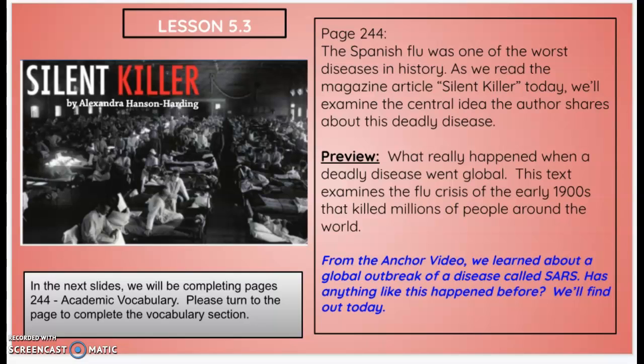As we read the magazine article Silent Killer right now, we'll examine the central idea or the main idea the author shares about this deadly disease. And so when we look at it, what really happened when this deadly disease went global? The text or this article will examine the flu crisis of the early 1900s that killed millions of people around the world.